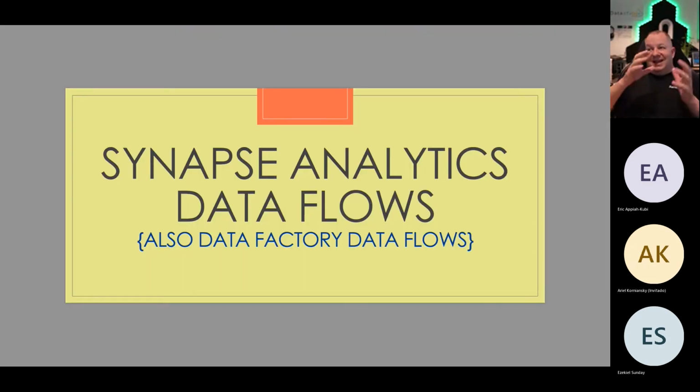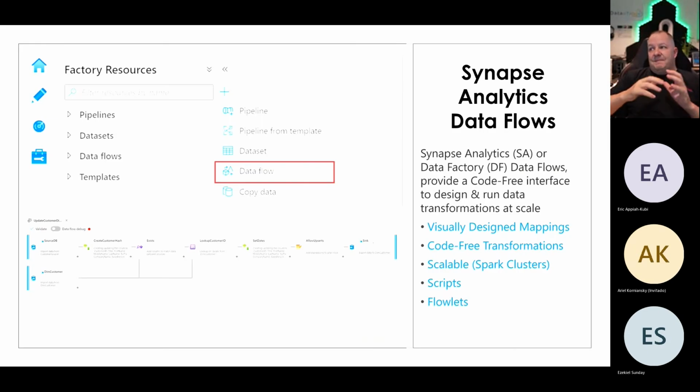So what is Synapse Analytics data flows, or data flows that we do in Data Factory? These are essentially capabilities of what we call a code-free interface. It's a visual interface where we can line up the activities that we need to perform a series of processes.